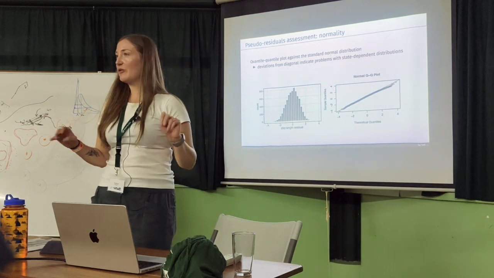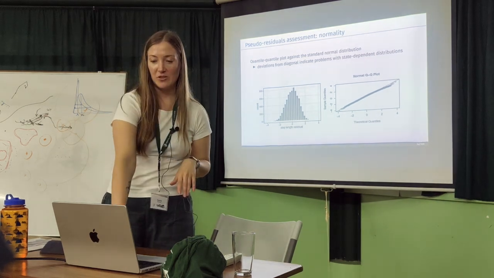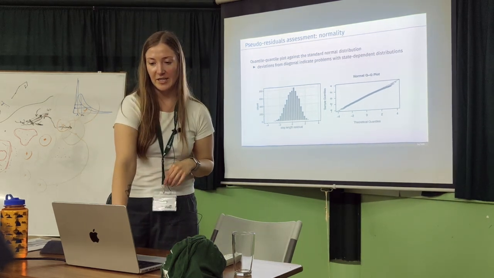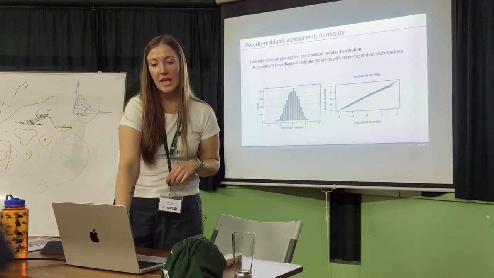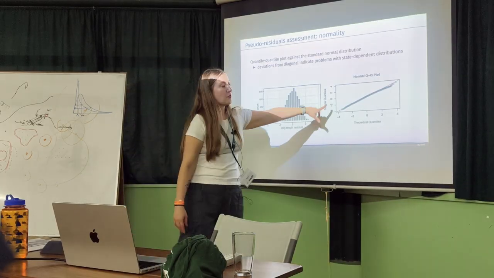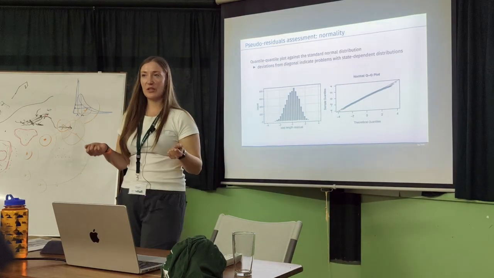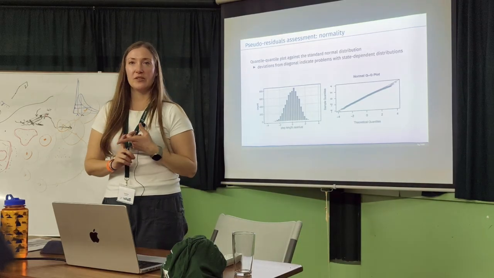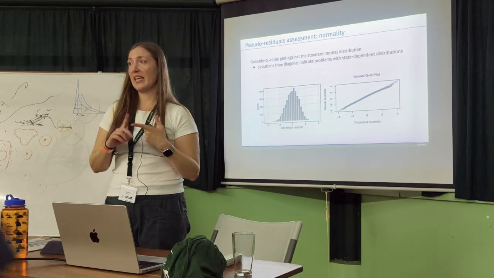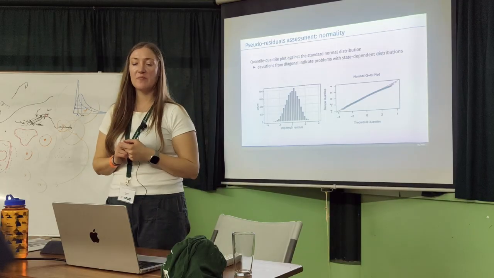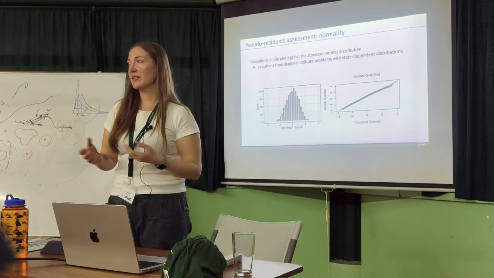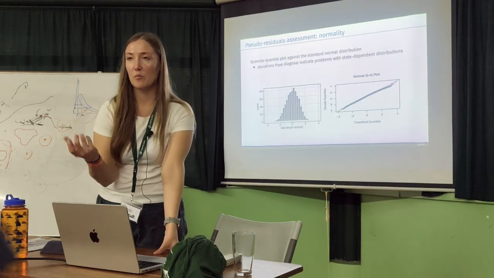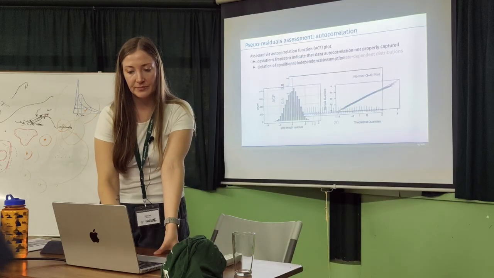Probably most people are somewhat familiar with these model diagnostics. It's not that different in HMM. And deviations from this usually indicate that there's something wrong with your state-dependent distribution, something wrong with your observation model, whether you're not using a good distribution, so maybe the gamma distribution doesn't fit your data very well, or maybe you need more states, something like this. It's typically a problem with the observation process.